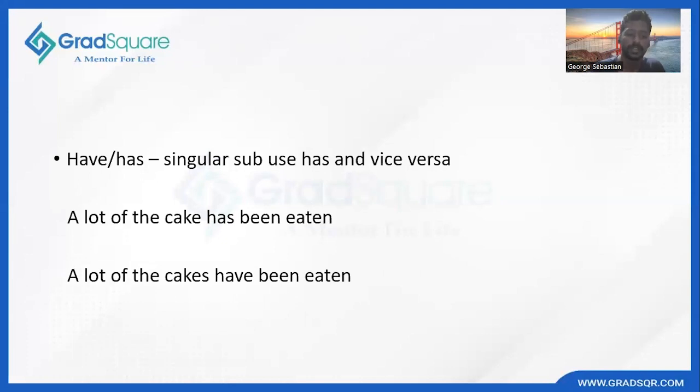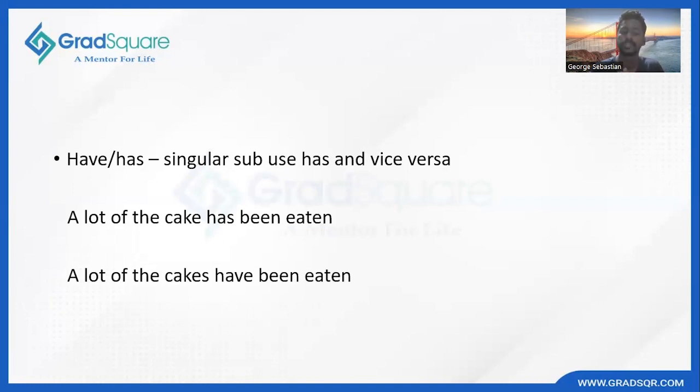Now moving on to another one, which is the case of using have and has, right? If we have a singular subject, always use has. And if we have a plural subject, always use have. We can look at another example of a sentence which says, a lot of the cake dash been eaten, right? We are talking about a lot of a particular cake, so it is a singular subject.